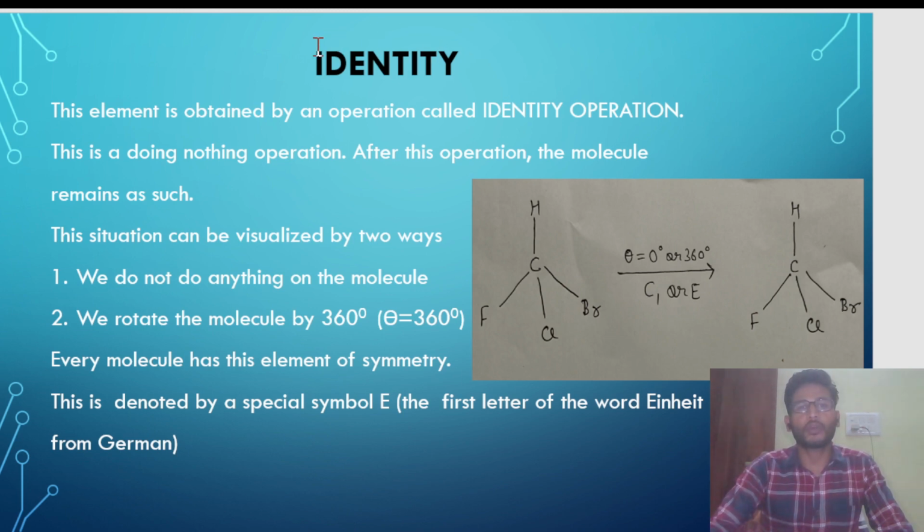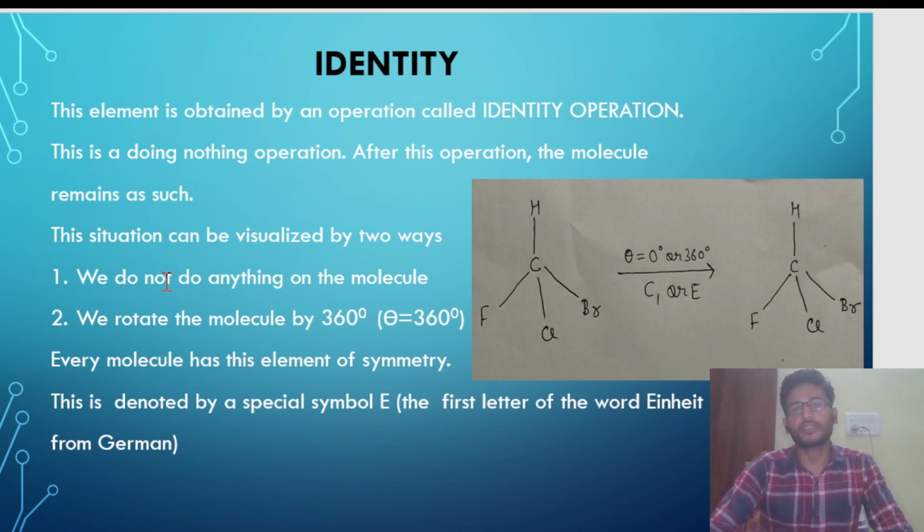So first we will discuss identity. This is the identity operation. This is doing nothing to the molecule, and after this operation a molecule remains the same. In this example we can see this is our original configuration. After applying the identity operation, it remains the same.